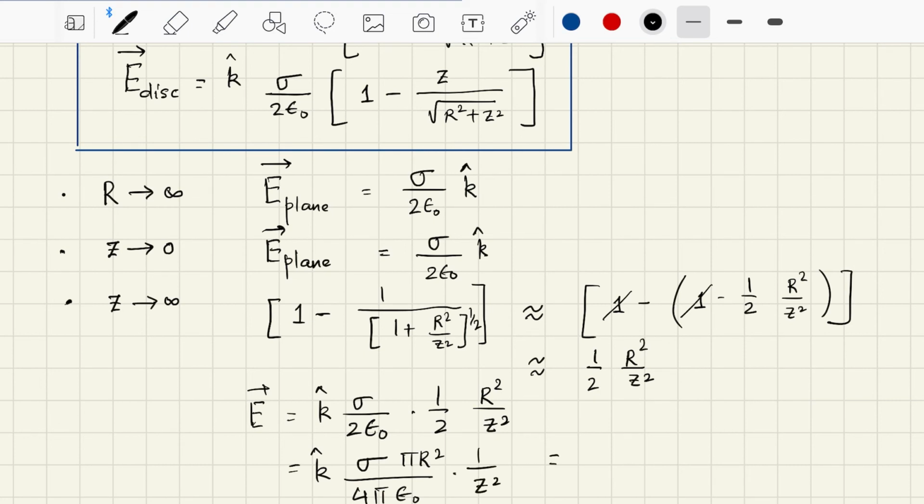And this is nothing but the total charge, and hence we recover sigma pi r square is nothing but total charge, okay, for the disk, and hence it is total charge by 4 pi epsilon naught 1 by z square, as expected. So all the limits are right, and sometimes we need to look at them.